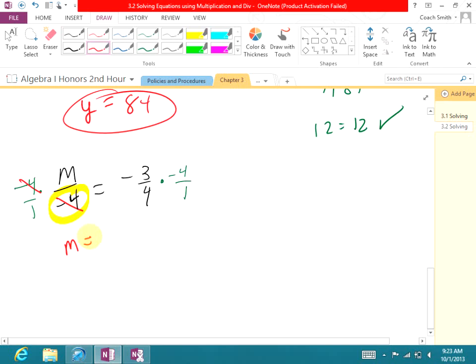On the fraction side, I simply multiply negative 3 times negative 4, which is positive 12, over 4 times 1, which is 4. So M would be equal to what? 3.